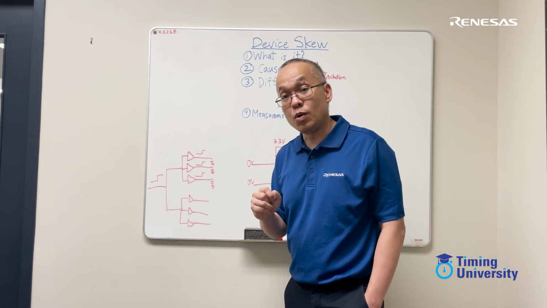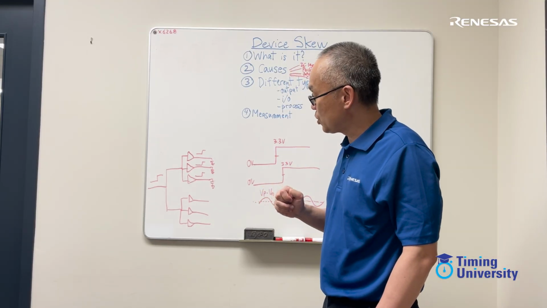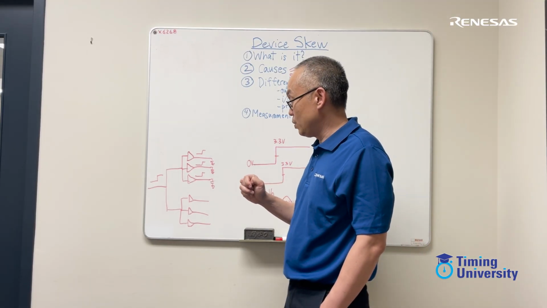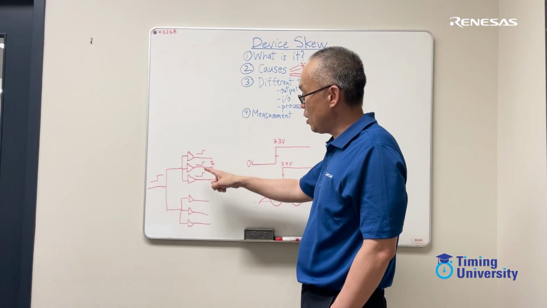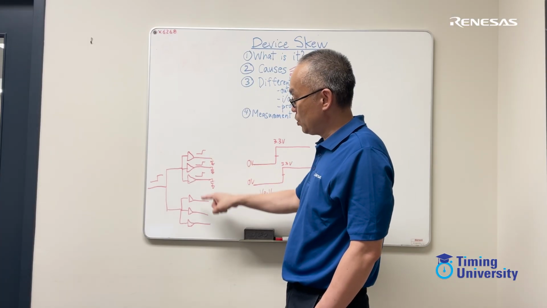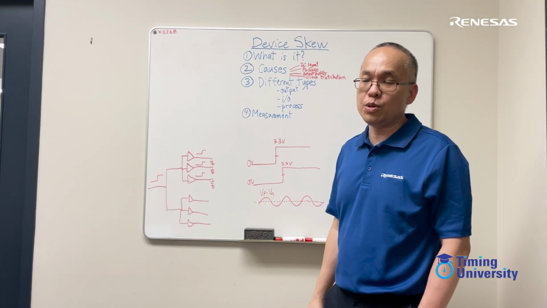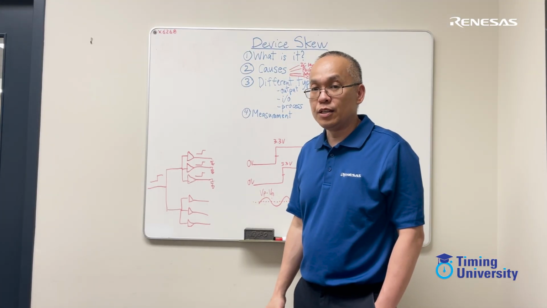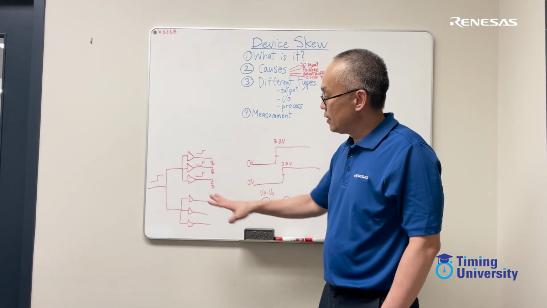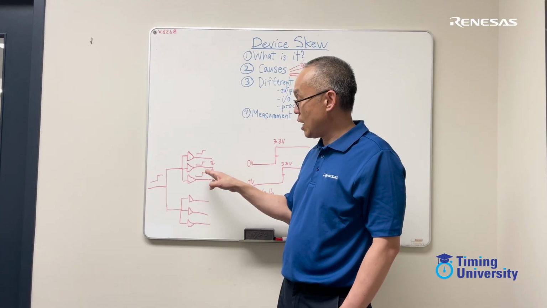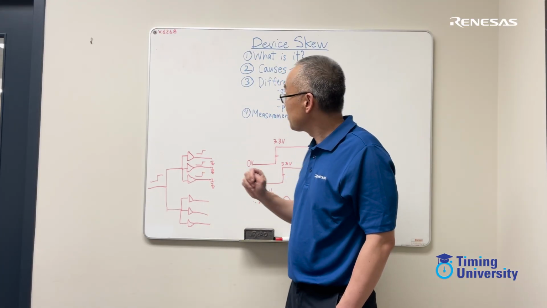Whereas output to output skew would be the two worst case outputs of any of these outputs across all the channels. So output to output skew is the overall worst case, whereas channel skew is just the worst case output to output within a channel.